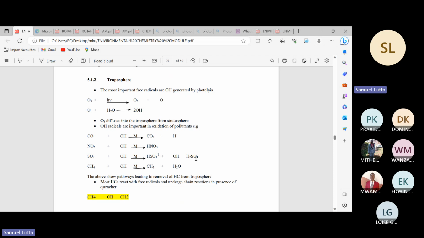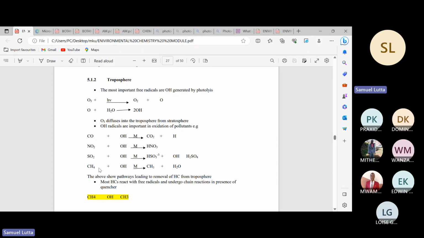The -3 there, I think, should not be there. That charge should not be there. So you have two reactions here. Sorry about that. So you have SO3 plus OH to give you HSO3. These are radicals, and then when you combine these with another OH, it gives rise to the sulfate. So you get the sulfate.